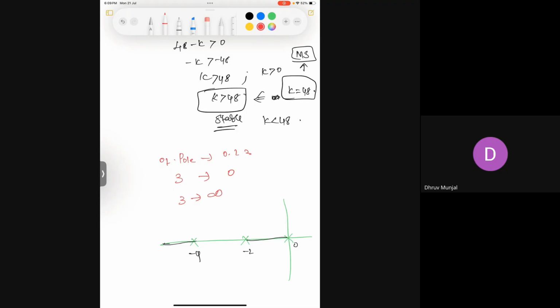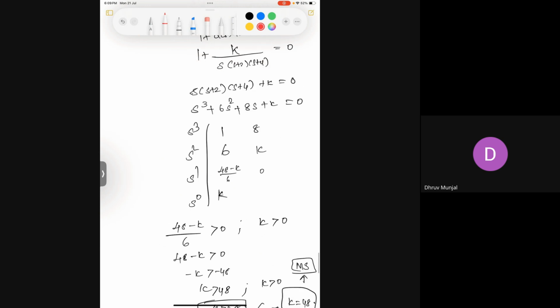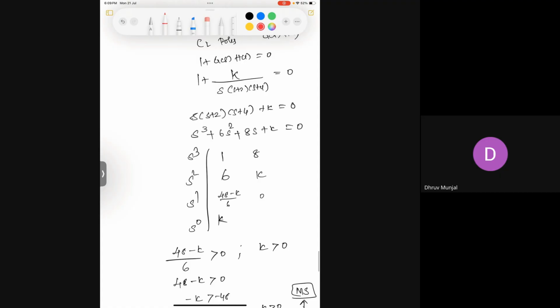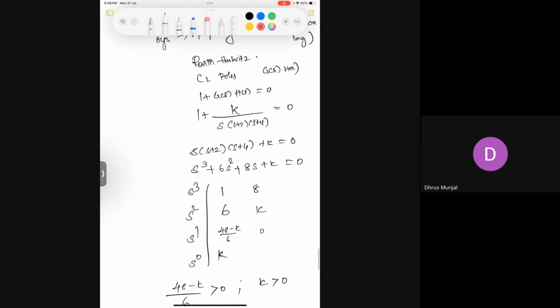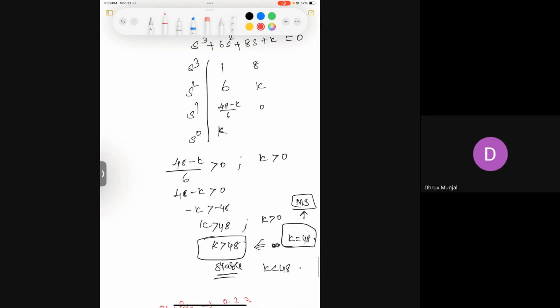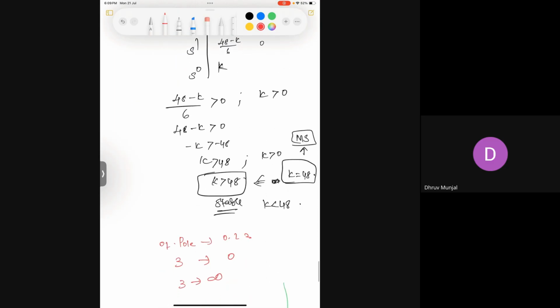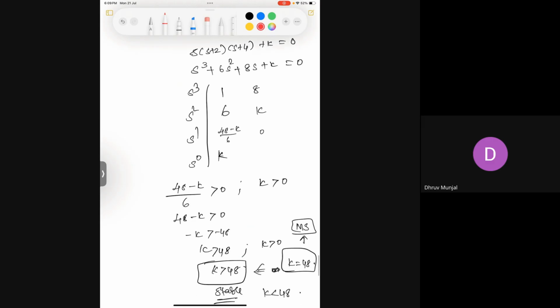Let me check it good. A square 3a square plus 2s. Okay.